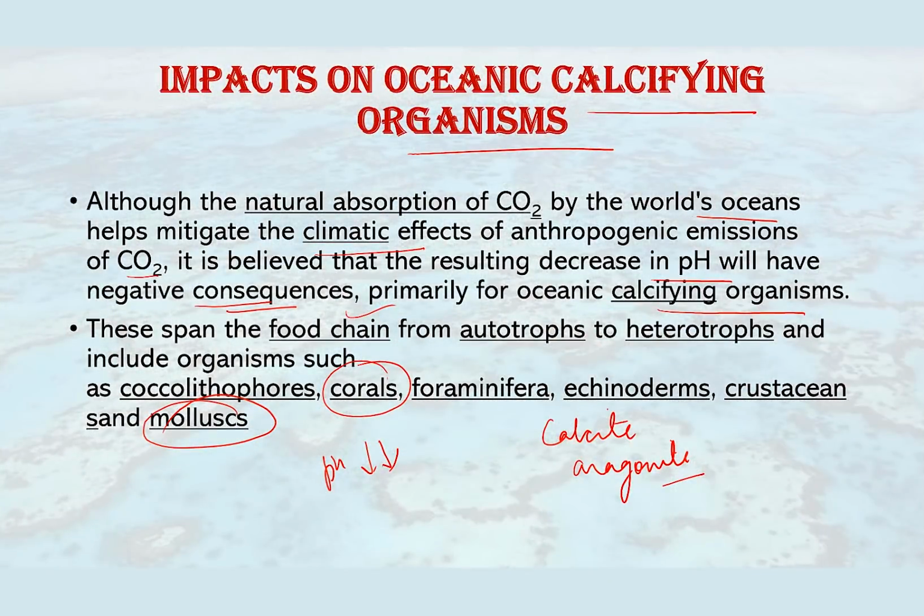Therefore, even if there is no change in the rate of calcification, the rate of dissolution of calcareous materials increases. So that is why these organisms suffer. They lose their calcifying mechanisms and the calcium shells.